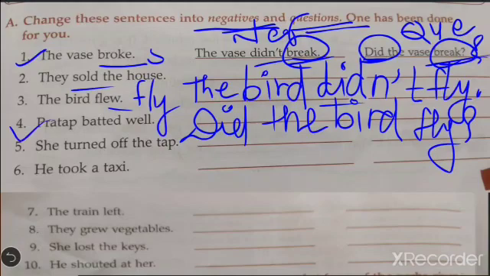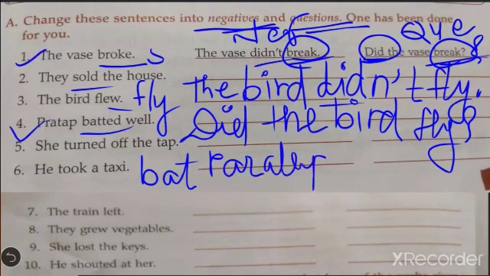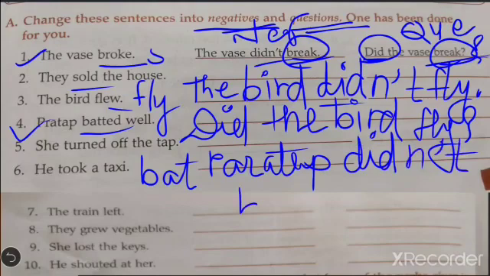Now look at the fourth sentence. Pratap batted well. Batted is a past form of bat. So you will write here Pratap, negative sentence, so didn't, or you can say did not bat well.